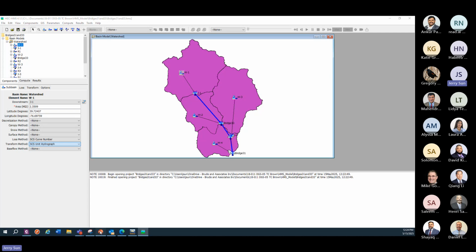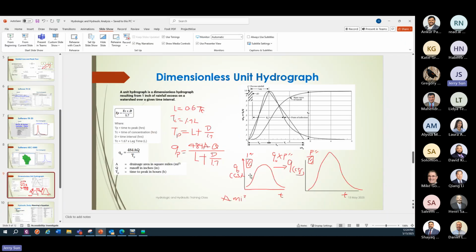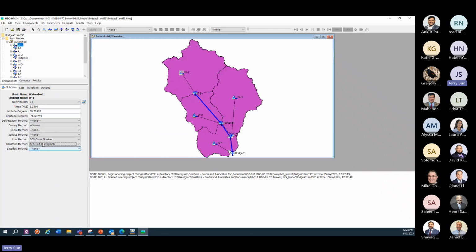What's the difference? The difference is the curve, for example, this is unitless, right? Unitless, the curve shape is a little bit different. But the SCS is the most popular one we use.